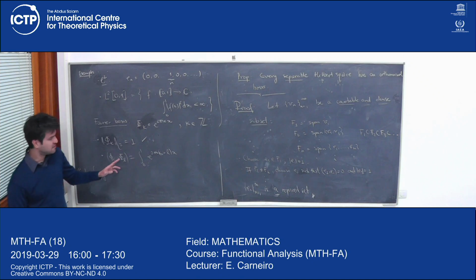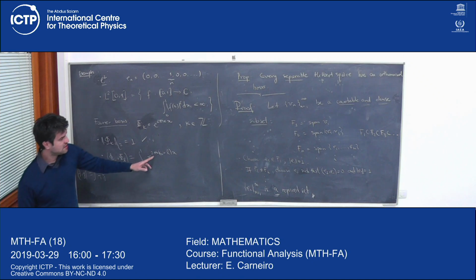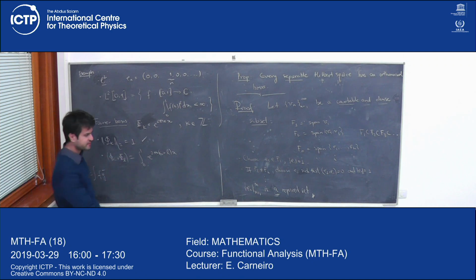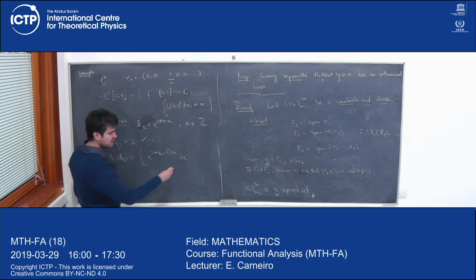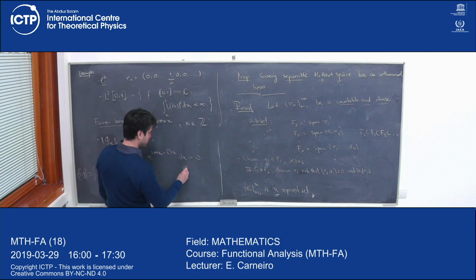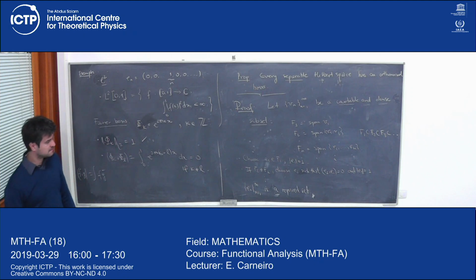So phi_k scalar phi_l is just the integral of e to the 2 pi i (k minus l) x. And this is just the integral of cosine of 2 pi (k minus l) x plus i sine of 2 pi (k minus l) x. So if the integers are not the same, if I integrate cosine over a period, or sine over a period, this gives me 0, right? It gives me 0 if k is different from l.